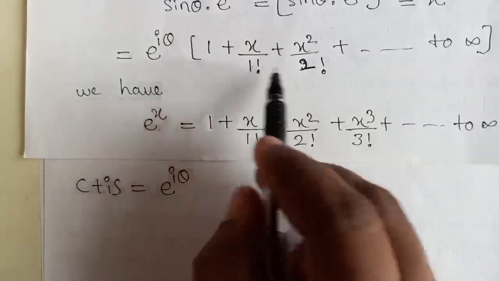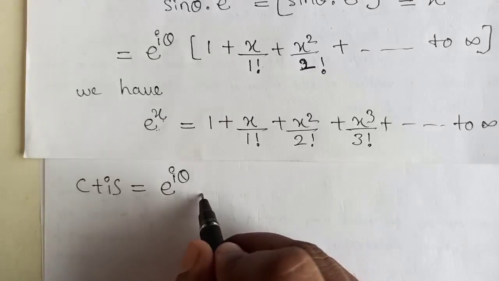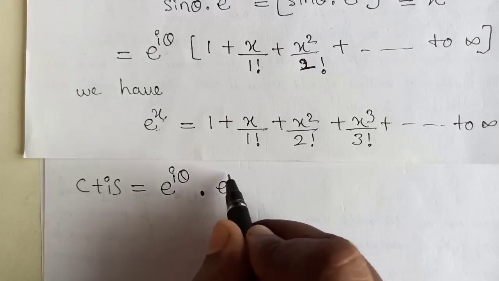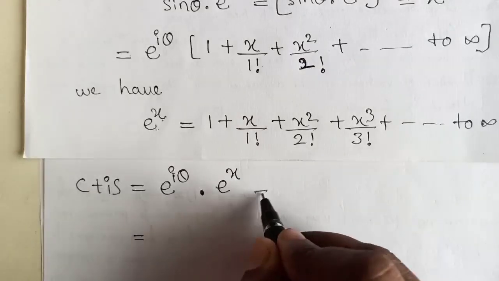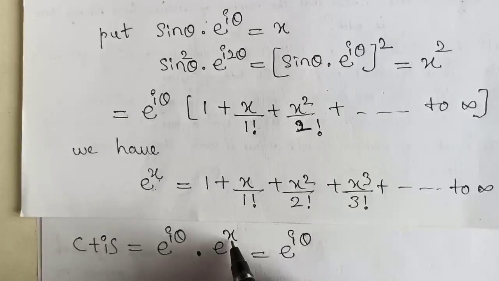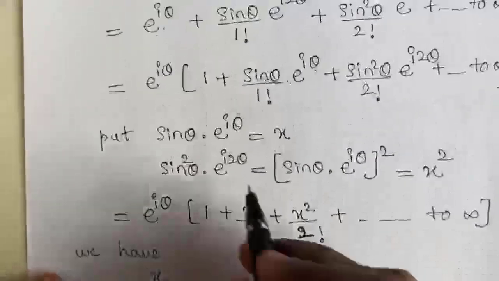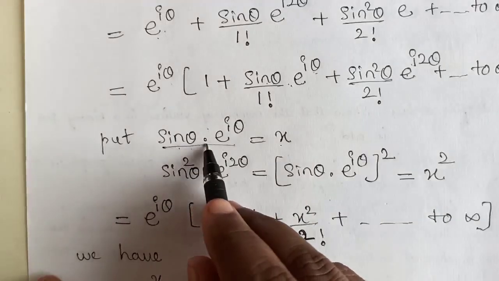So here in this bracket, this can be represented as e raised to x, into e raised to I theta as it is. In the place of x we have to substitute this term, because x equals sin theta into e raised to I theta.